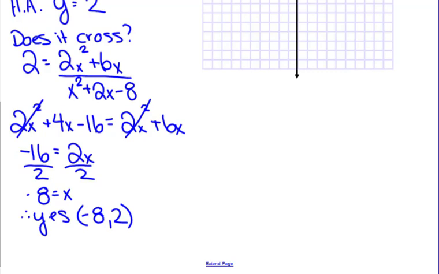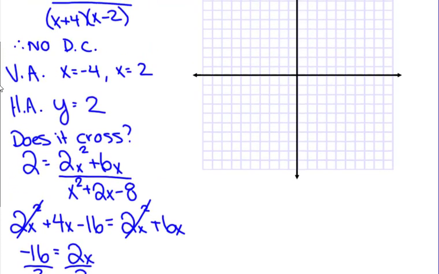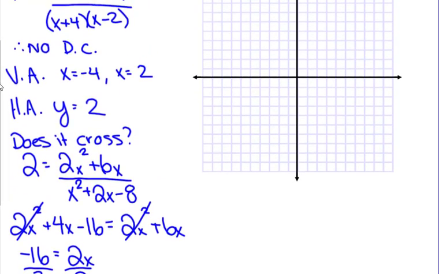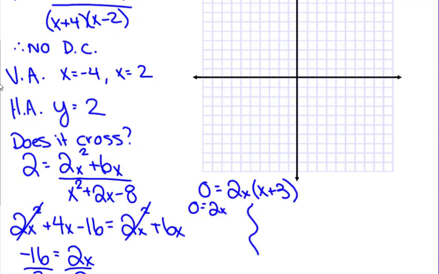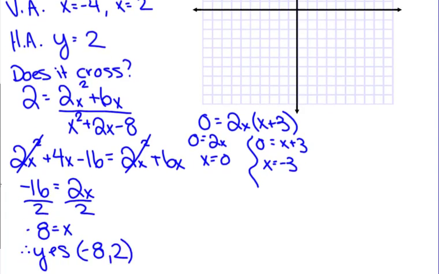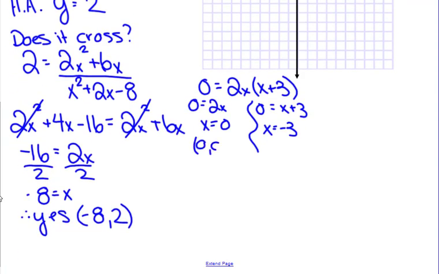Our x-intercepts happen in our numerator, so 0 is equal to 2x times (x + 3). So set each piece equal to 0, so 0 is equal to 2x and 0 is equal to x + 3. So x is equal to 0 and x is equal to -3. So those points are (0, 0) and (-3, 0).